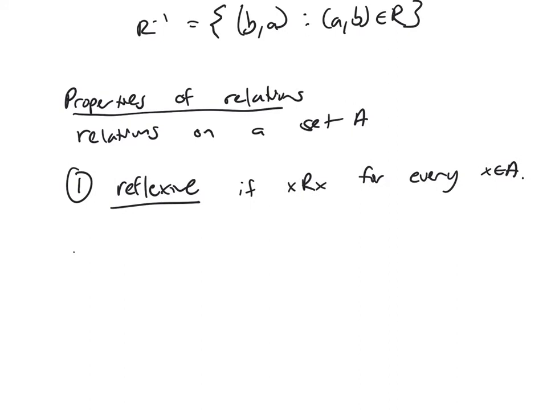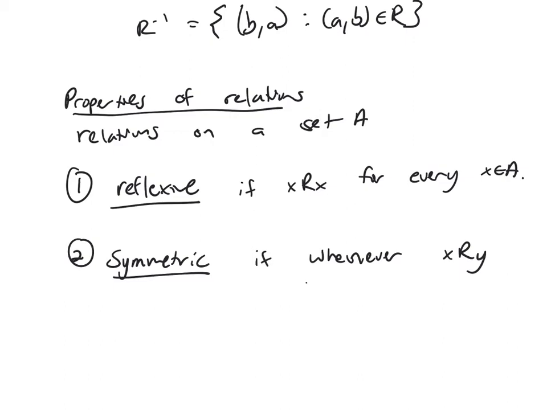The second one was symmetric. A relation on a set A was symmetric if whenever x relates to y, then y relates to x.